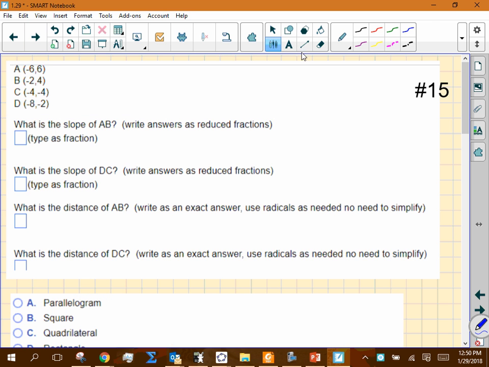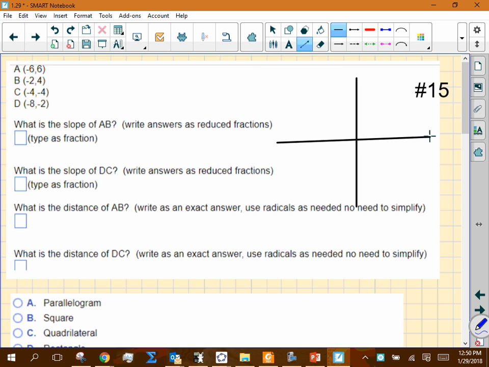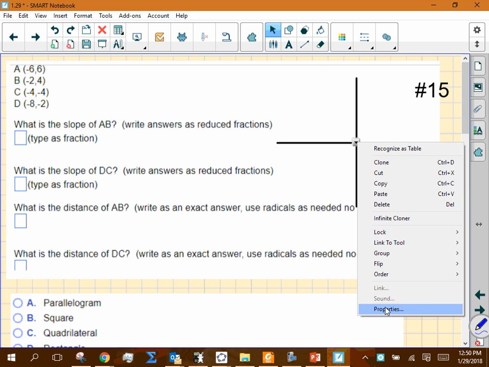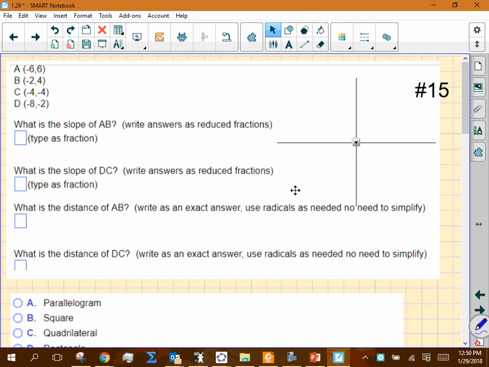My suggestion to you is that when you're plotting, because our graph is just a tool for us to organize our information, it doesn't have to be a really great picture. It doesn't have to be to scale. You're just going to want to say, okay, if I'm going to plot negative 6, 6, that thing better be in this quadrant, right? So maybe I just arbitrarily choose negative 6, 6 to go right there.